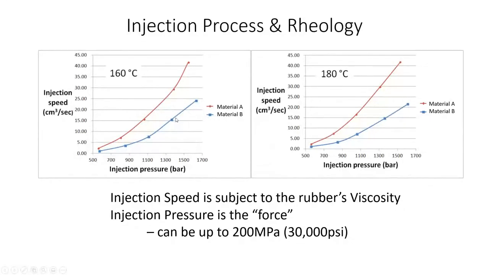Now, these are just two same durometer grades of material. It happens to be silicone rubber in this case, because we do a lot of injection molding of silicone. But look at the dramatic differences that we see, how the machine has to handle that pressure input and the resistance of viscosity. These are two rubber materials that, once cured, you wouldn't be able to tell the difference between analytically in any way.